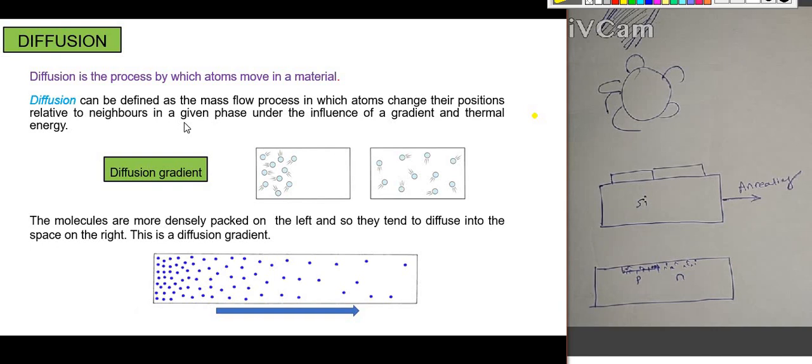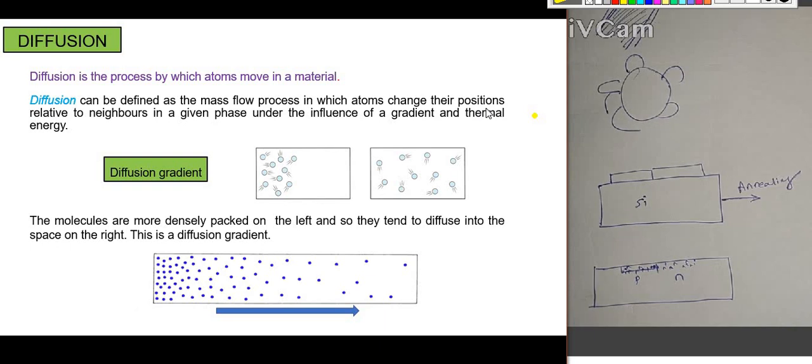In the case of solid state diffusion, the phase will be solid, under the influence of a concentration gradient. There is a need for a concentration gradient for diffusion, as well as high thermal energy. These are the two important conditions required for the diffusion process.